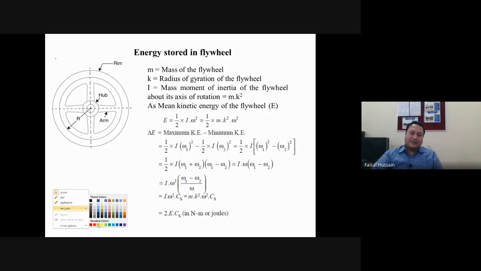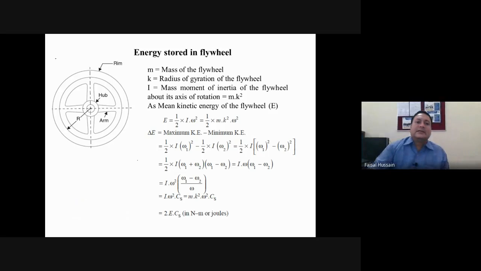We have considered a flywheel. This is your hub, this is the rim, and there are four arms. R is the radius. This is a cross-sectional view of the shape of a flywheel.